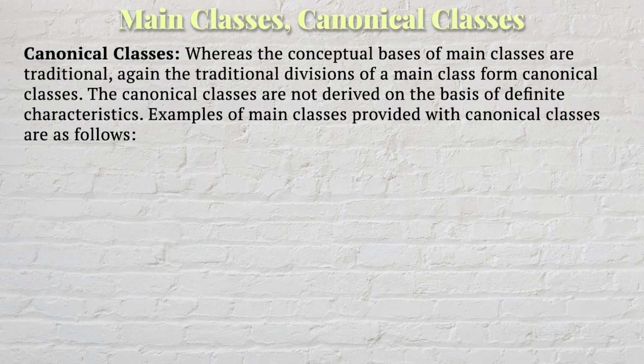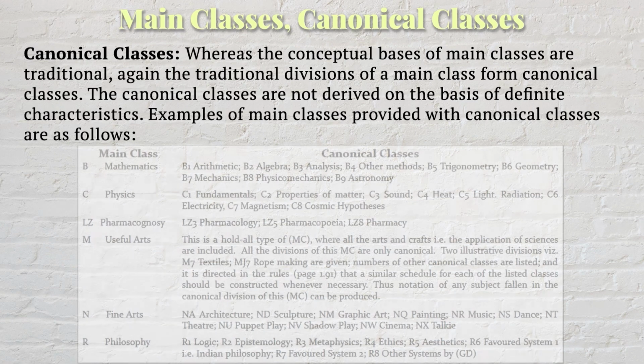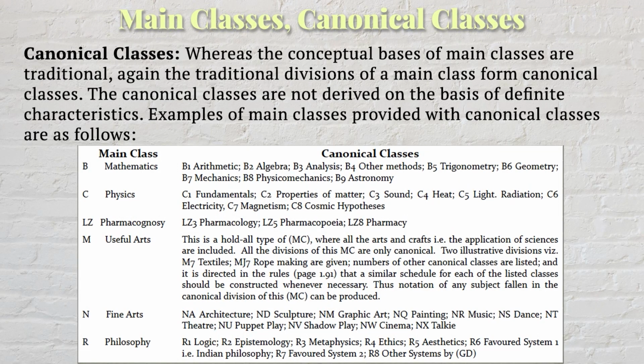Examples of main classes provided with canonical classes are shown here, such as in basic class mathematics we get canonical classes arithmetic, algebra, analysis, other methods, trigonometry, geometry, mechanics, astronomy, etc. In basic class physics we get fundamentals of physics, properties of matter, sound, heat, light, radiation, electricity, magnetism, etc. as canonical classes.